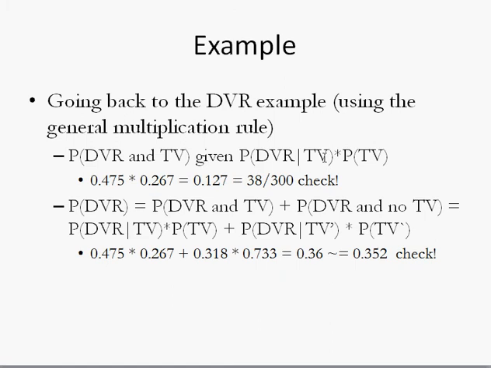That's the definition. So if all we knew was that the probability of a DVR assuming television was 0.475 and the probability of a television is 0.267, we could use those two probabilities to create a table and then infer the probability of the joint one.